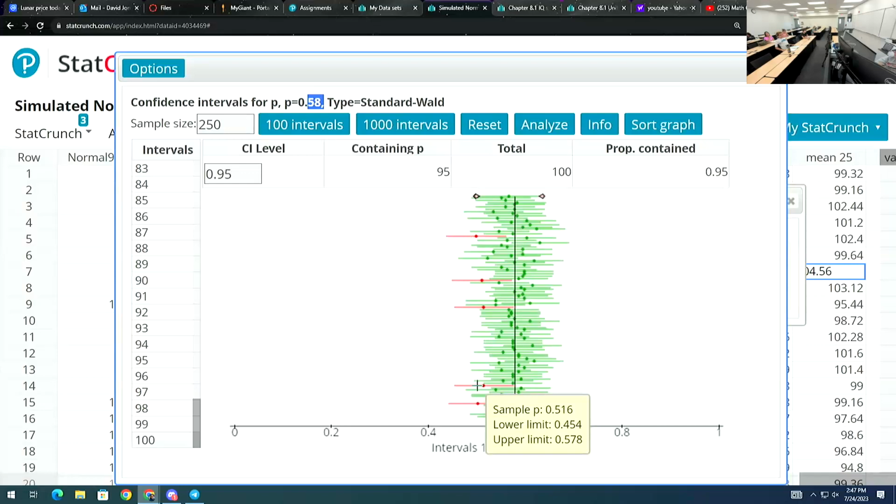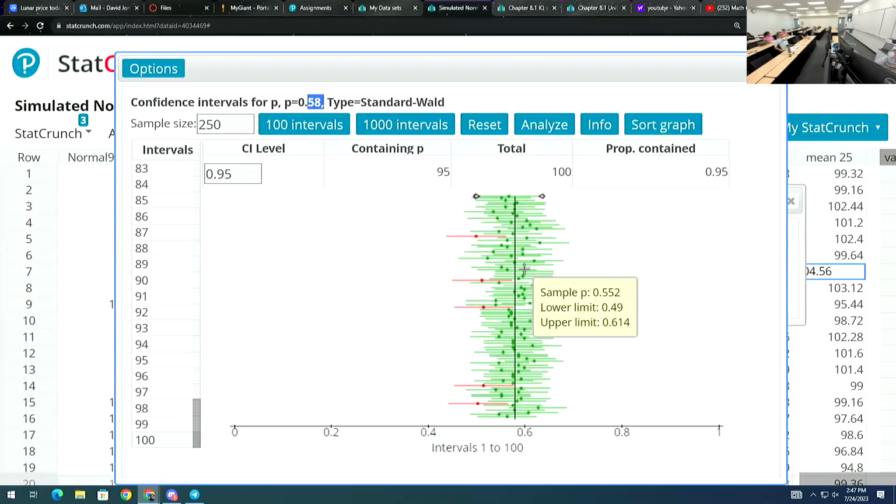It comes close, look at that, 0.578 upper limit. It comes close to having it. All the green ones have it, 0.58 is in it. If you don't know the actual proportion is 0.58 though, you're just going off your samples. So 95% of these in general match it. In fact, this case it does.